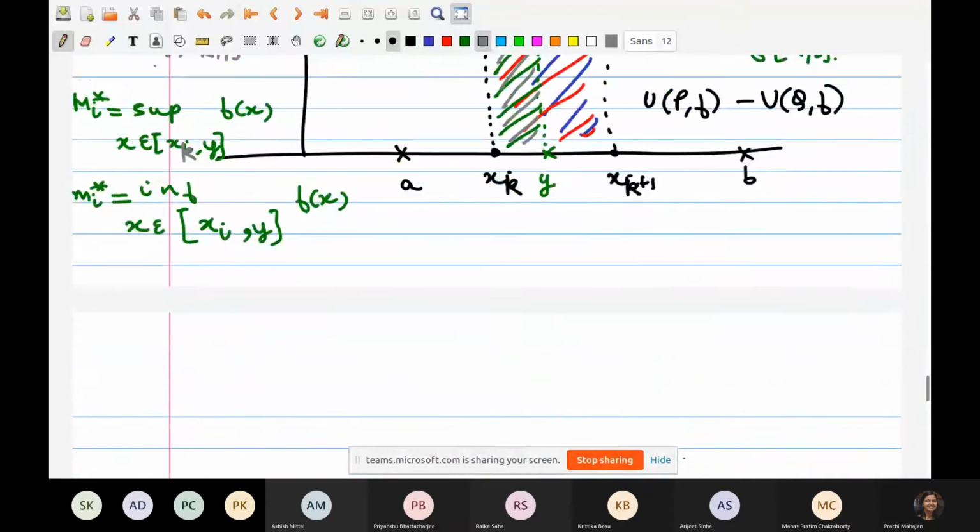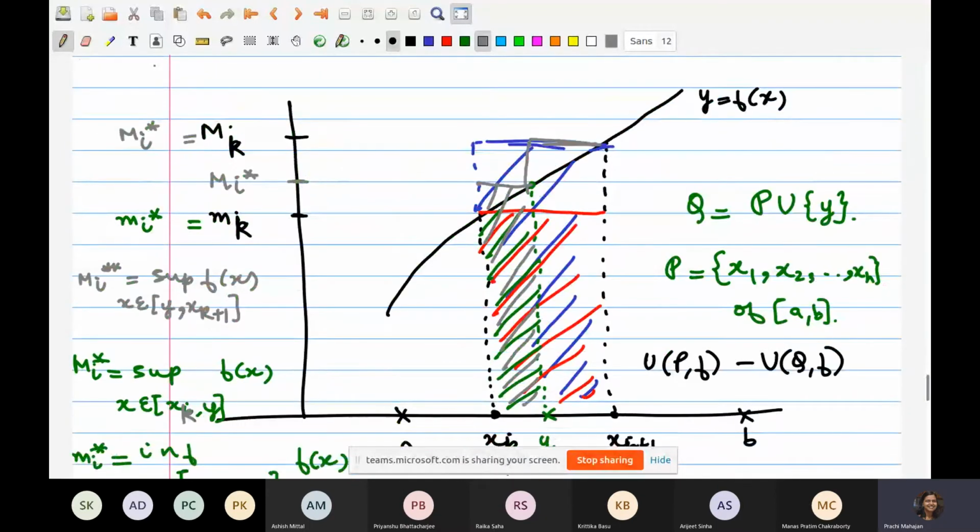Now if you consider this gray box, earlier the upper sum corresponding to the partition P was this blue box, and now the upper sum corresponding to the partition Q is this gray box.